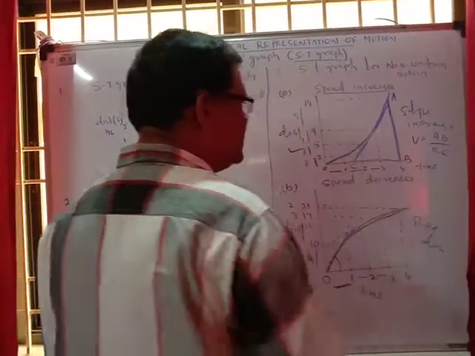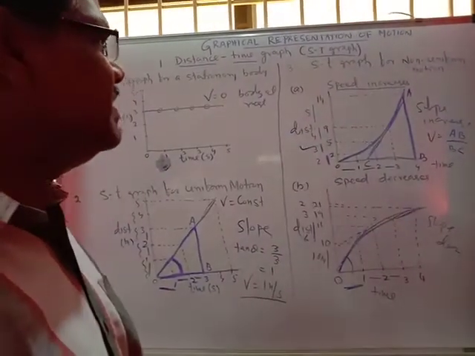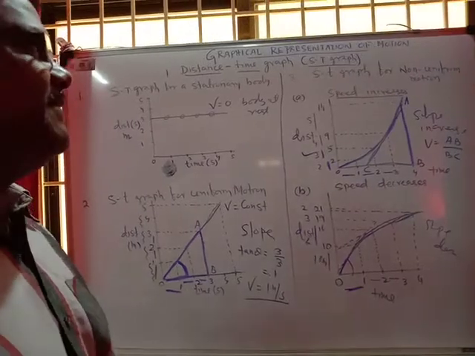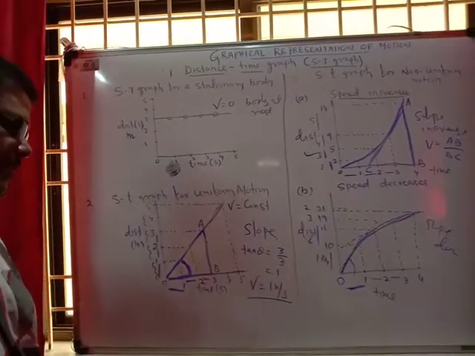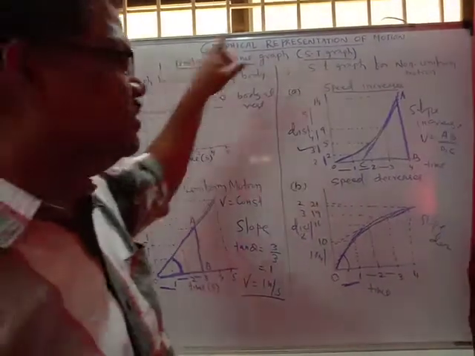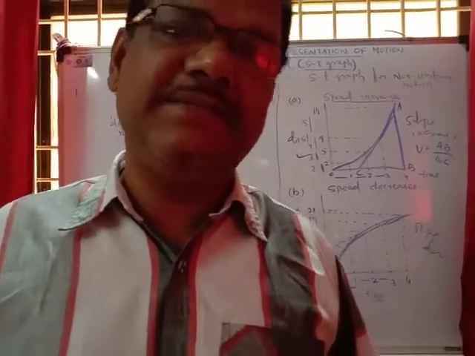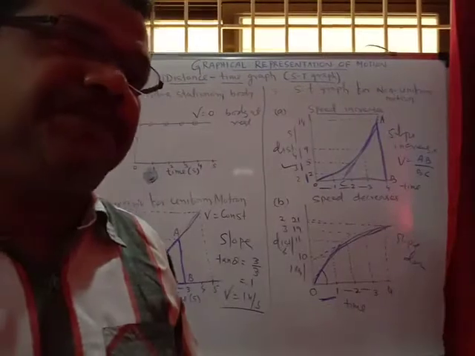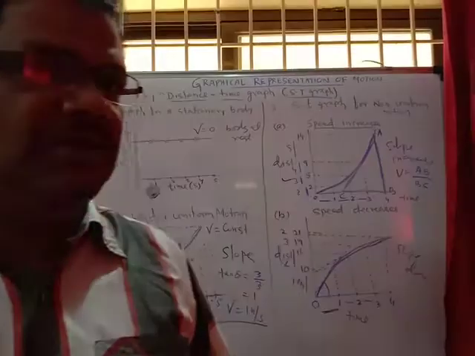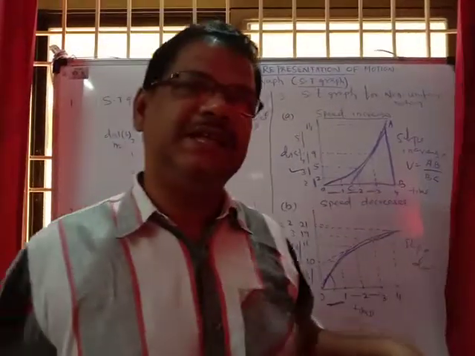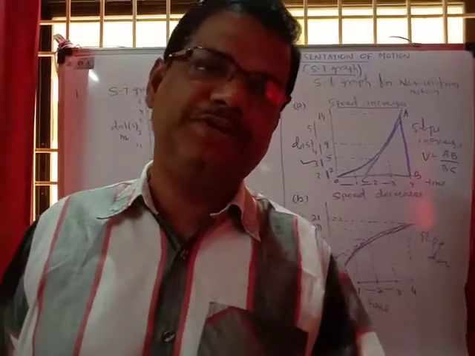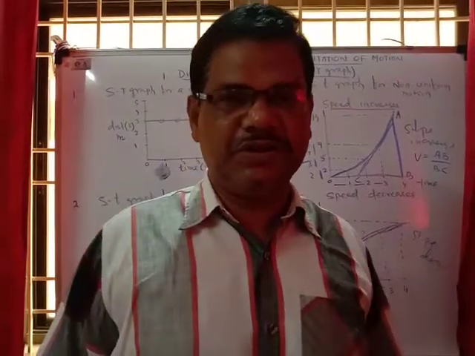So the slope of the ST graph indicates the speed of the object. This is all about your ST graph. In the next video, we will be discussing the VT graph, that is the velocity time graph or the speed time graph. And I am using the word speed or velocity interchangeably, as they are the same for straight line motion. Thank you.